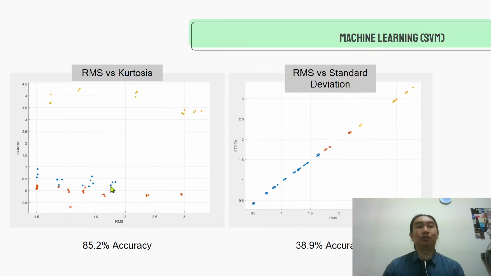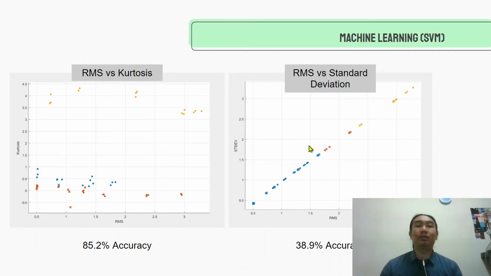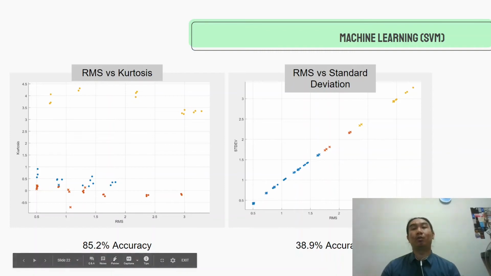The X marks show incorrect positions, which is why the accuracy is 85.2% rather than 100%. And then for RMS versus standard deviation, the same goes as RMS versus kurtosis. There are more incorrect positions here, for almost every point, and it caused the accuracy to drop below 50, which is 38.9%.